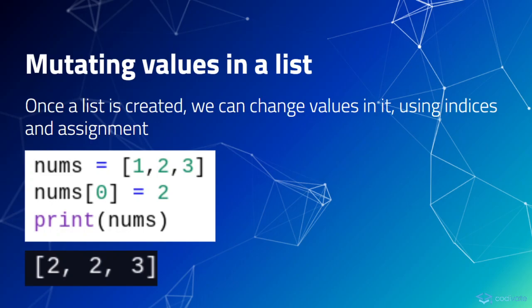We specify the index with the list name and the square brackets, like so, and then we use the assignment operator to assign the new value. In this case, we are going to the 0th index in the nums list and assigning it the value of 2. So what's happening here is we go to the 0th index and replace this 1 with a 2. If we were to print this list, it would print 2, 2, 3.